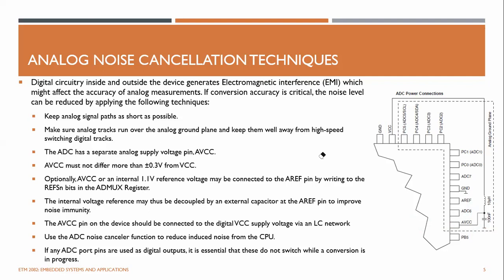So these are the things that you need to consider when you're designing an embedded system, how to deal with this ADC and keep a noise-free ADC signal. Otherwise, you will find your readings are not accurate, right?